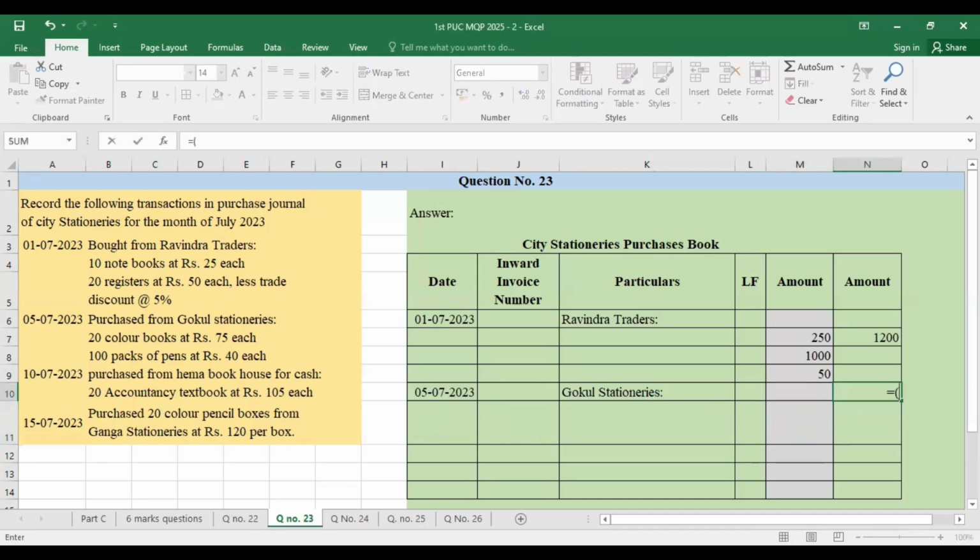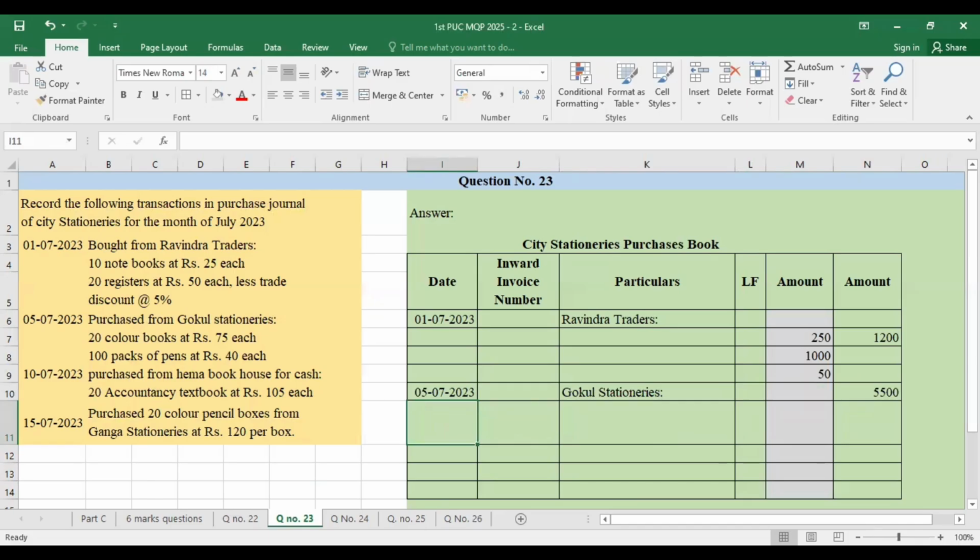So that is 20 color books into 75 rupees plus 100 packs of pens, 100 into 40 rupees each. So the total will be 5,500 from Gokul Stationaries.